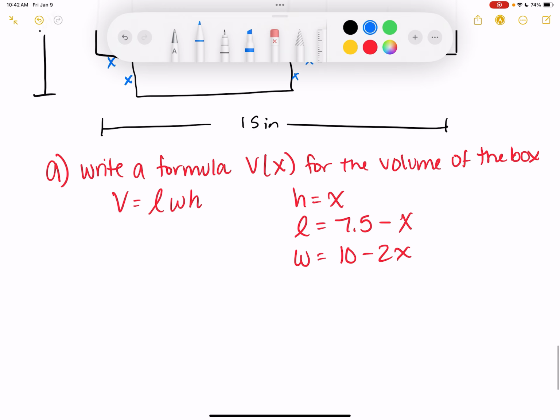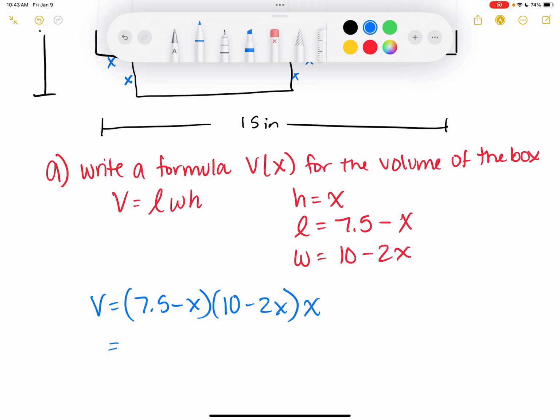So at this point, I'm going to put in the formula, so V equals (7.5 minus X) times (10 minus 2X) times X. And then I'm going to FOIL.